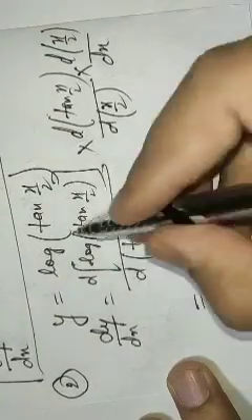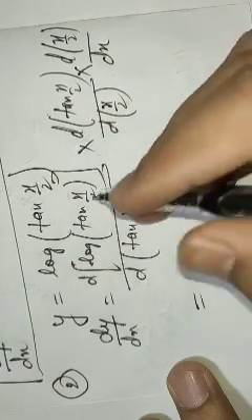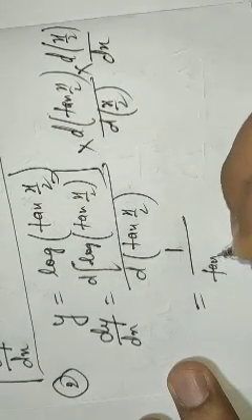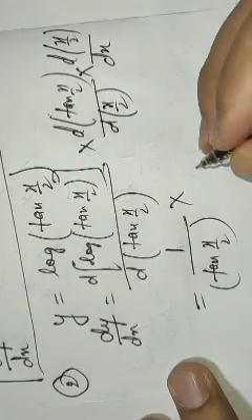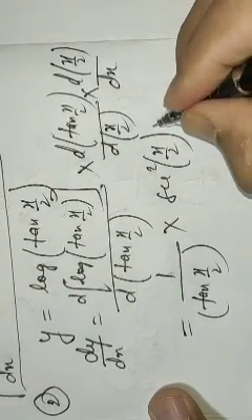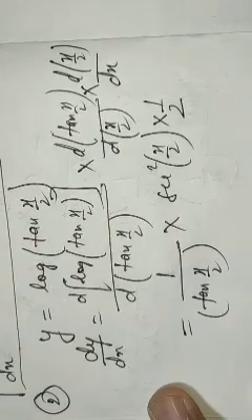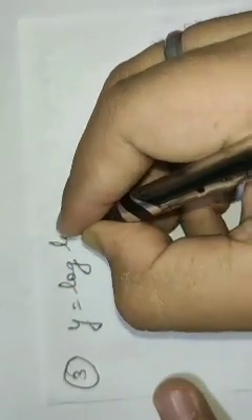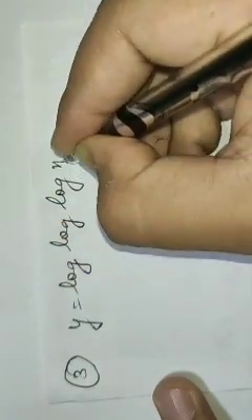Differentiation of log X with respect to X is 1 by X, so 1 by tan x by 2. Then differentiation of tan x by 2 will be sec square x by 2, and the differentiation of x by 2 will be 1 by 2. So that's the answer.